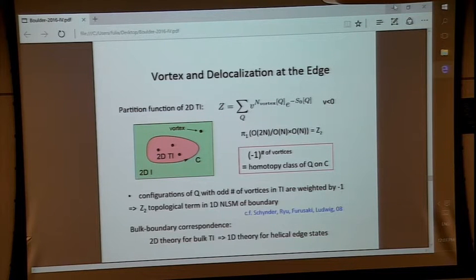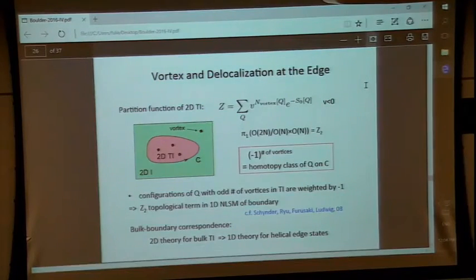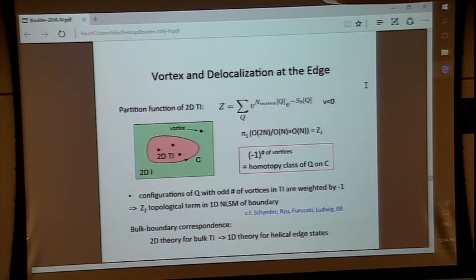So I guess the Z2 does not correspond to the even or odd number of vortices, but comes from whether you have -1 at the end. That's the Z2. Well, maybe the next slide will clarify this. Okay, let me continue to the next slide. And that partition function is over everything, everywhere, yeah.